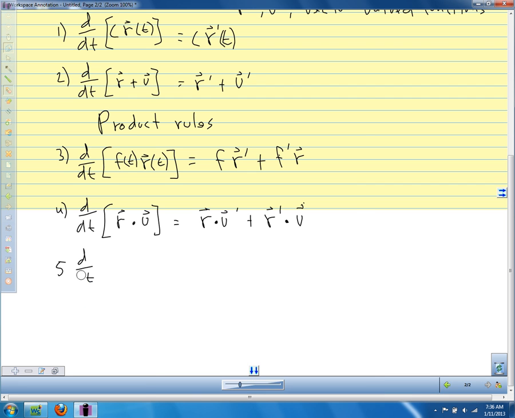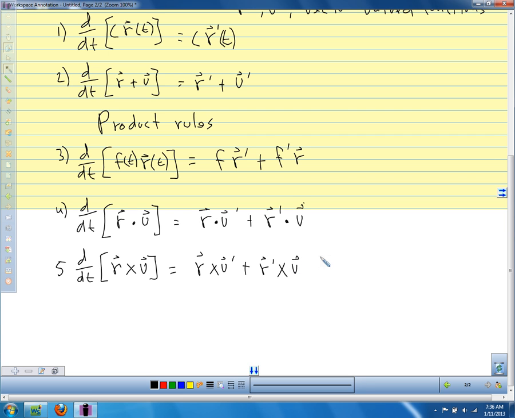The derivative of a cross product. We have different ways we can take products of vector valued functions. So r cross u prime plus r prime cross u.